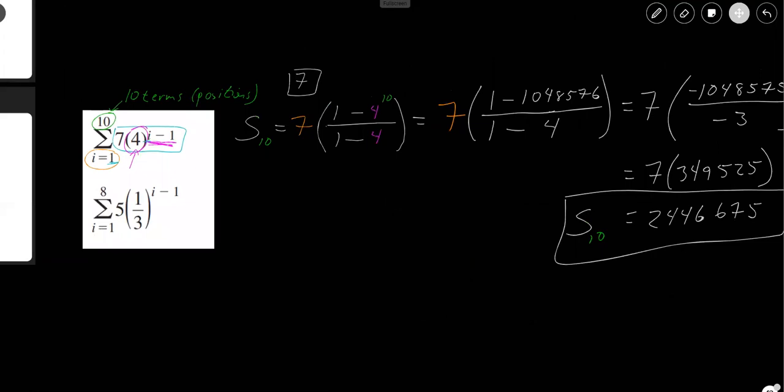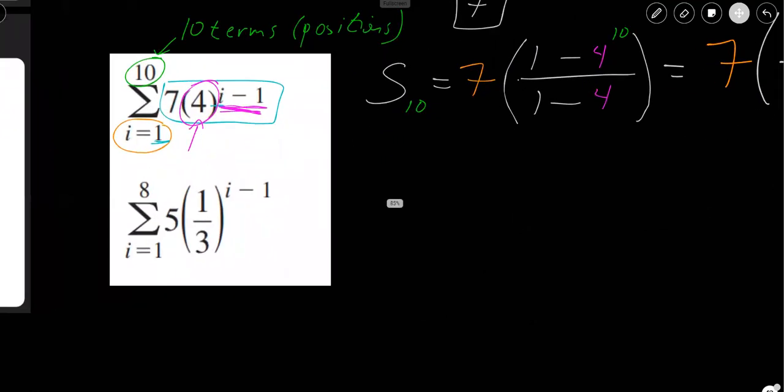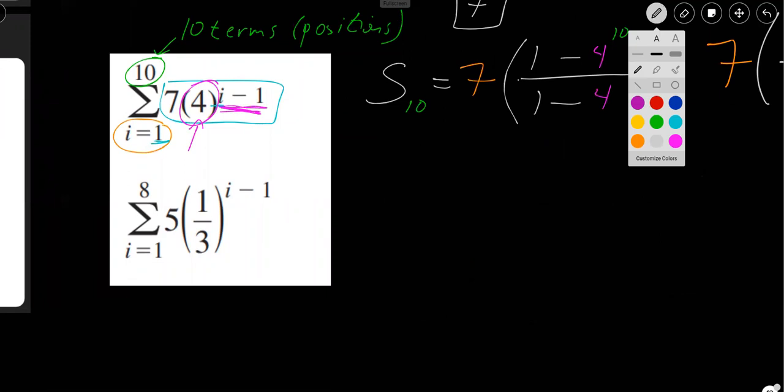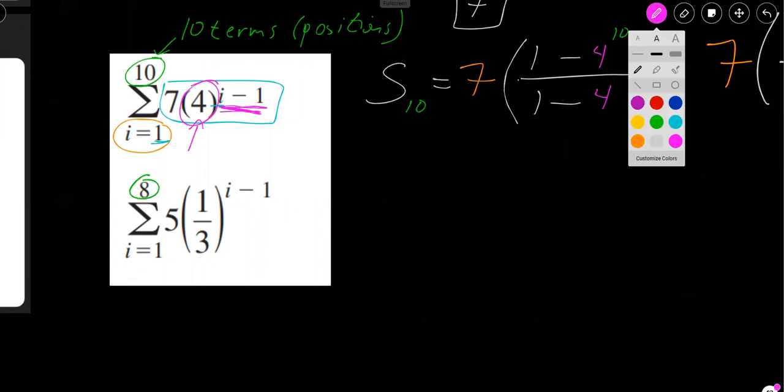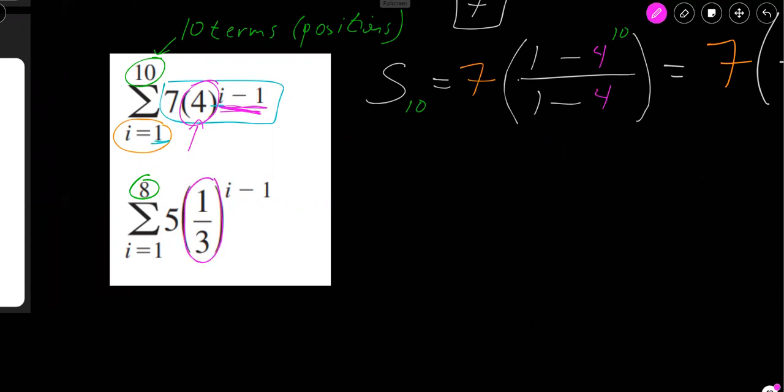All right, let's do one more. We'll pick up the speed a little bit. We're going 1 through 8, so my n value is going to be 8. My ratio is going to be the thing I'm multiplying multiple times. It's going to be 1/3. All I need to do is figure out my A1 value and I'm set. Well, we know A1 is just going to be 5 times 1/3 to the 1 minus 1 power.